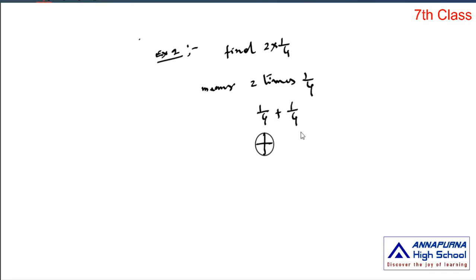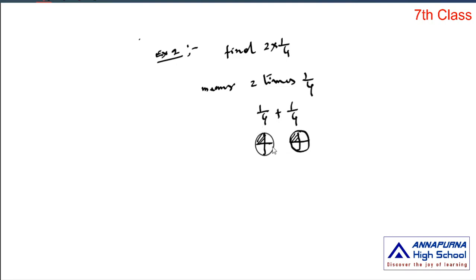For this fraction also draw one more whole. Again you divide this one into 4 equal parts. Out of 4 parts, what is the numerator? 1. That means 1 part is taken. Shade 1 part. So here also shade 1 part. Here the denominator represents the number of parts and the numerator represents the number of parts to be taken.